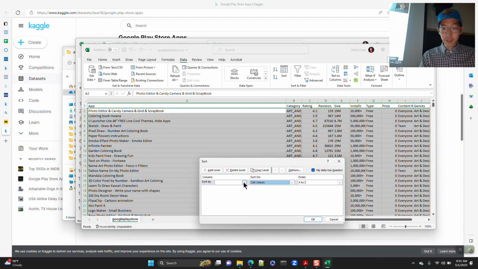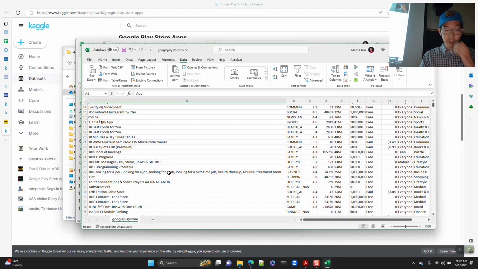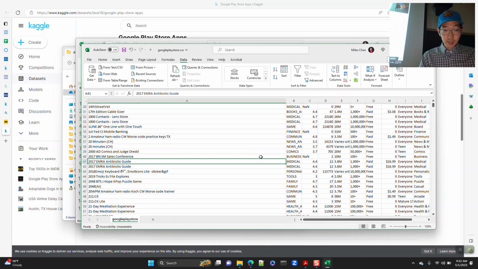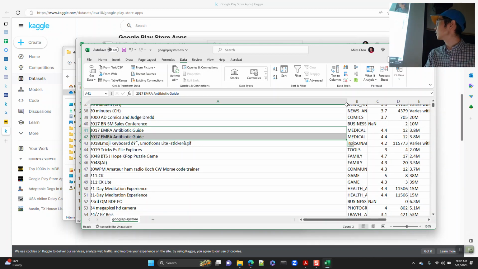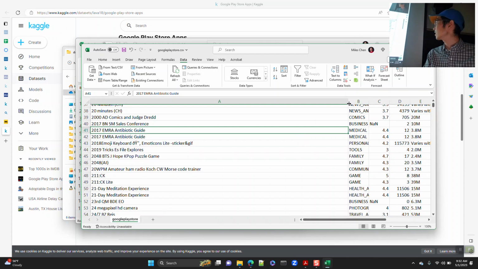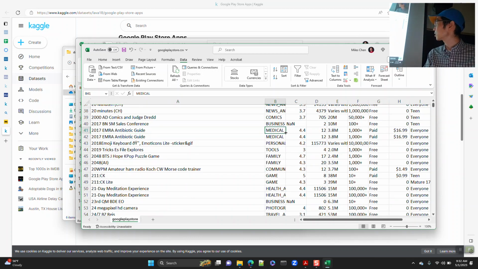If I sort one of the column names on app, here is an example of a duplicate row. I think when they did the data scraping, they scraped the site one day, and then they came back and scraped it again.